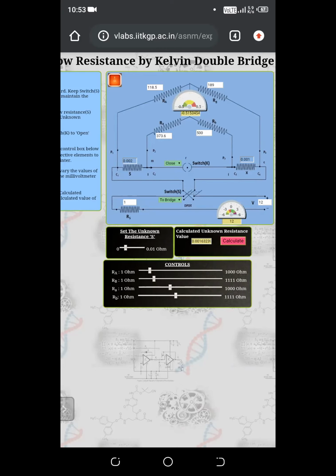Just adjust your RA and RB the same. Look, your capital RA and RB are not the same. Adjust your capital RB up to the capital RB. Then you can perform. Look, easily you can achieve.